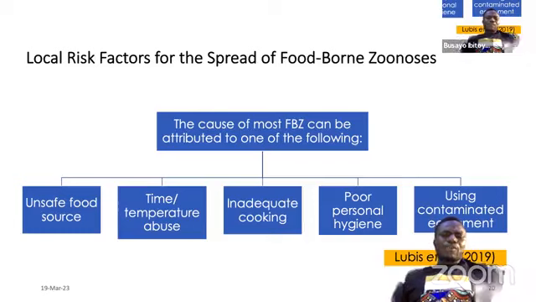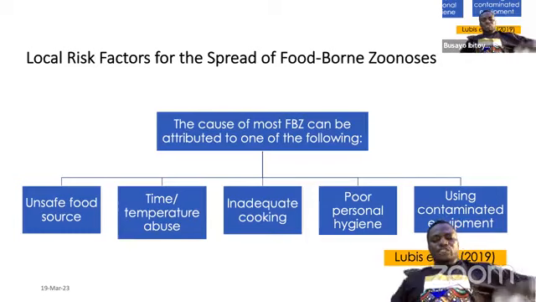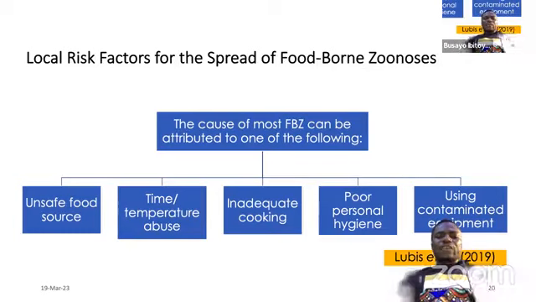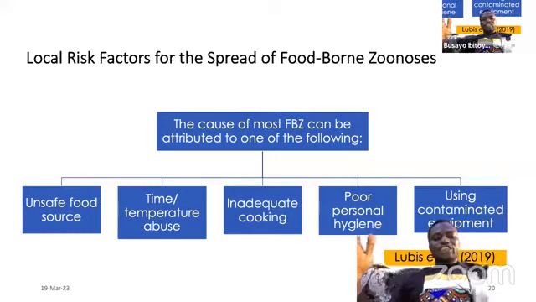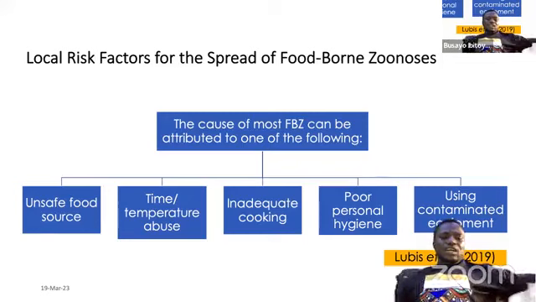Again, we have improper time and temperature. When you allow too much time between cooking and refrigeration, or when you refrigerate food improperly, this could also lead to the spread of foodborne zoonoses.